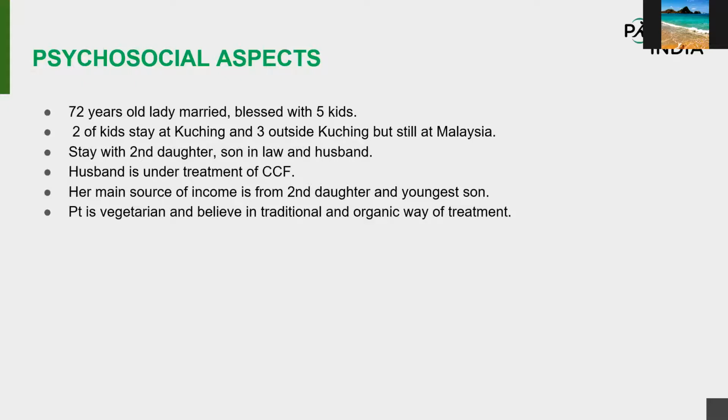The patient's husband also has CCF but is under treatment. Her main source of income is from the second daughter and the younger son. So far, the patient doesn't have economic disability. The patient is vegetarian and believes in traditional and organic ways of treatment.